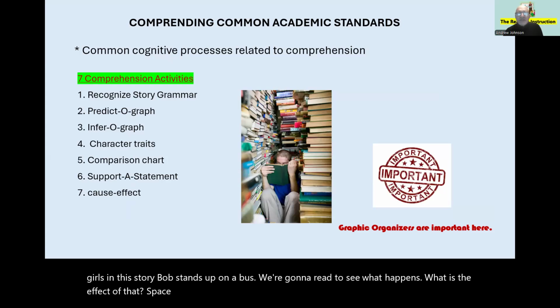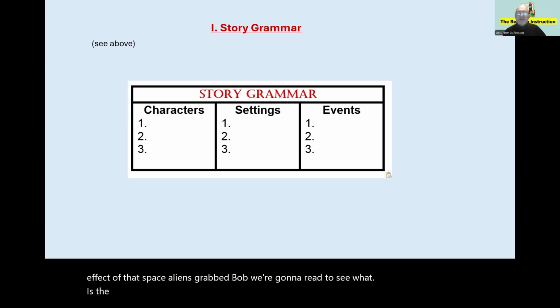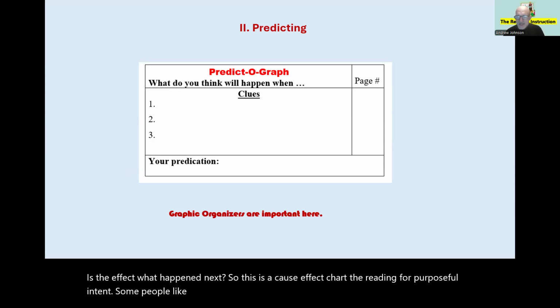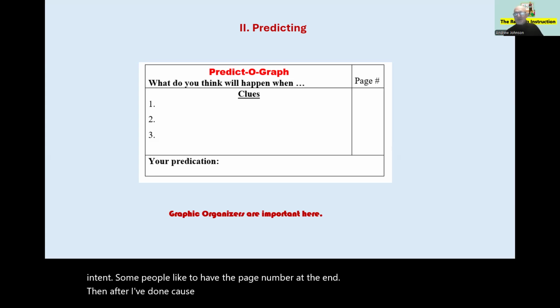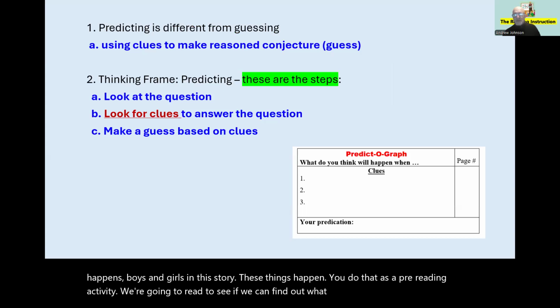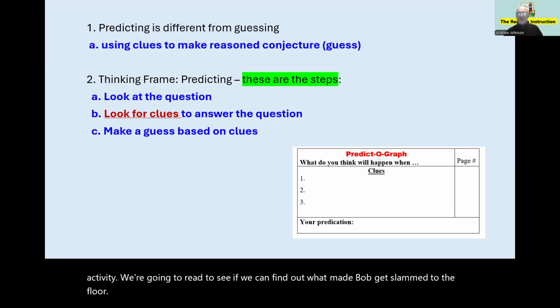These are common academic standards, common cognitive processes, story grammar, and we've done that before. Predicting. This is a common academic standard. And again, to demonstrate that students can do this, you simply have them do the predictograph and put that in their folder to document that they can predict. Predicting is different from guessing.